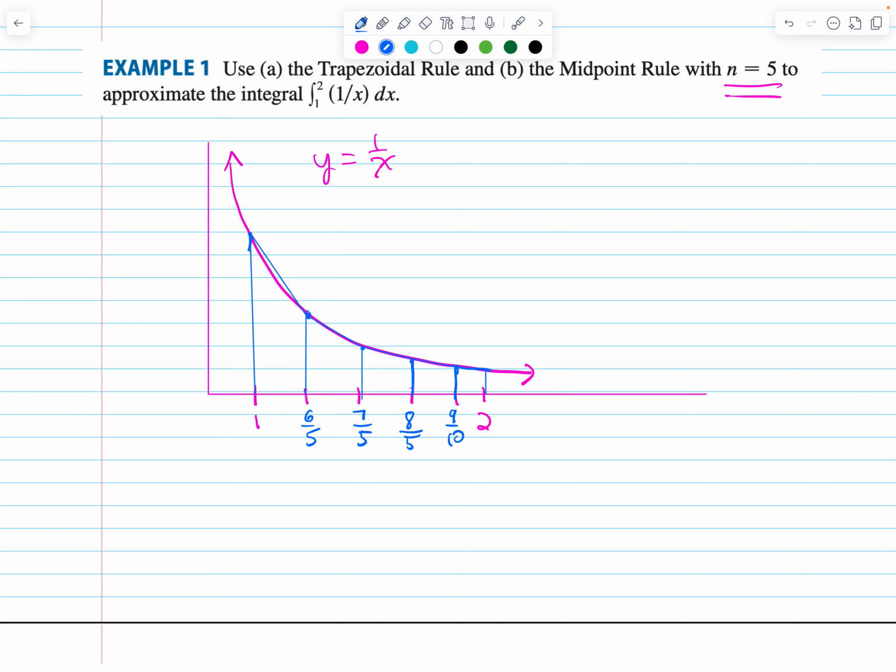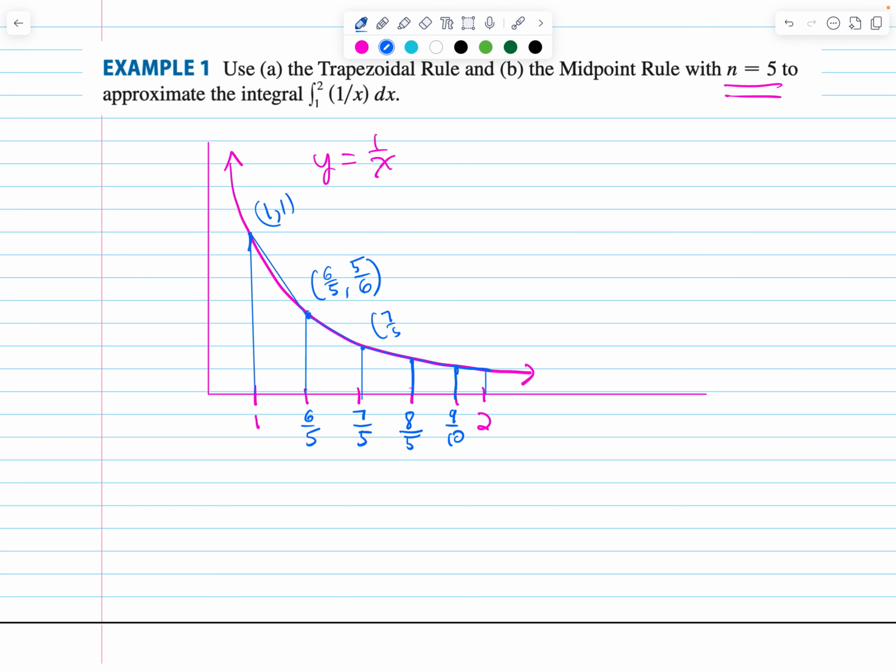As for these heights, the graph is y equals 1 over x. So to find the y values, I would take the reciprocal of the x values. So this is going to be the point 1, 1. When x is 6/5, y would be 5/6.